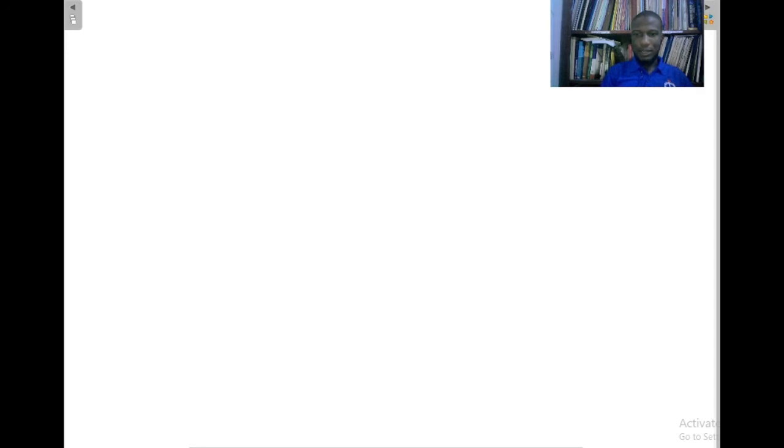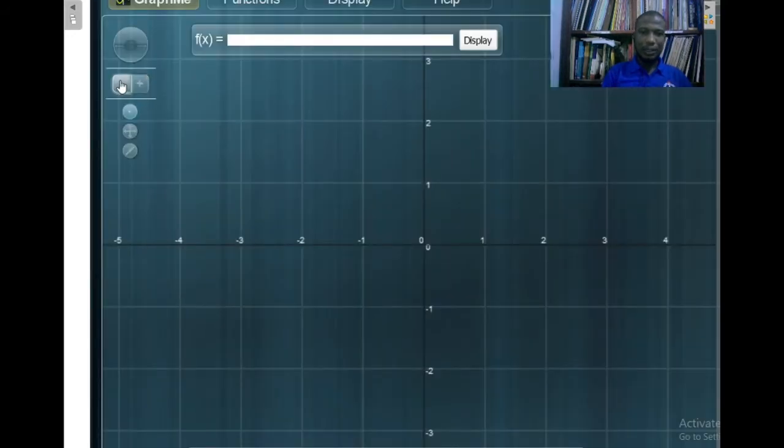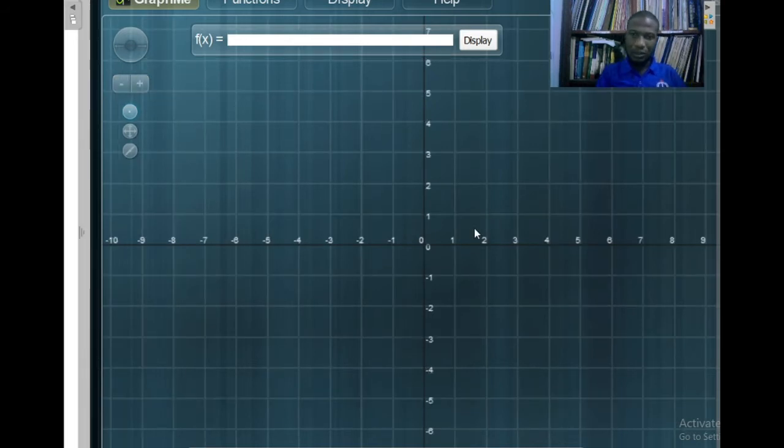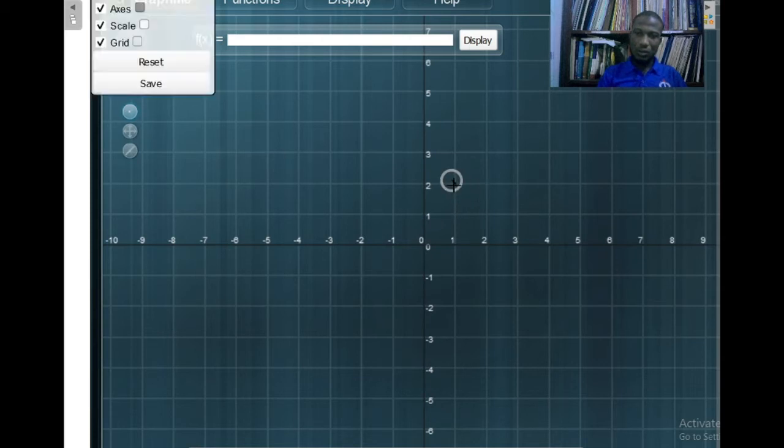Assuming I have my Cartesian plane here this way. Good. And then I decide to plot my points on it this way. So let's say my first point is 1, 2, and then my second point is, let's say, 7, 4.